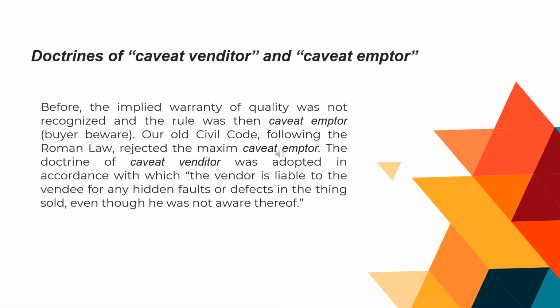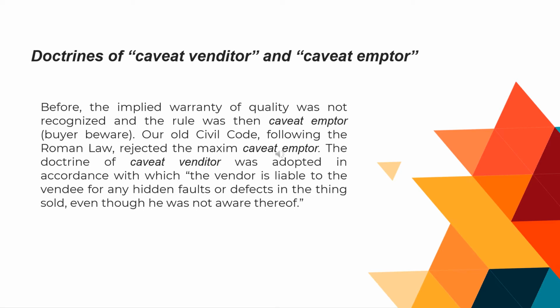So, actually, there were changes in adapting such doctrines in our Article 1566 with regard to the effect of ignorance of the vendor of hidden defects. Before, the implied warranty of quality was not recognized and the rule was then caveat emptor, which means buyer beware. That was what we used to adopt.